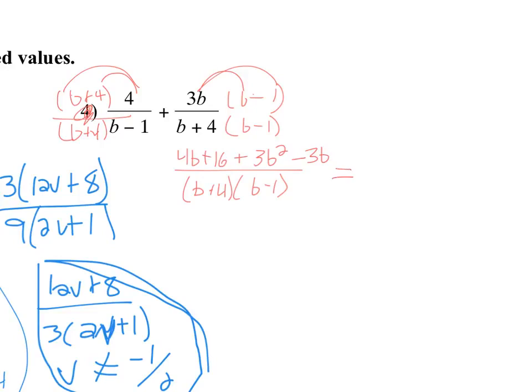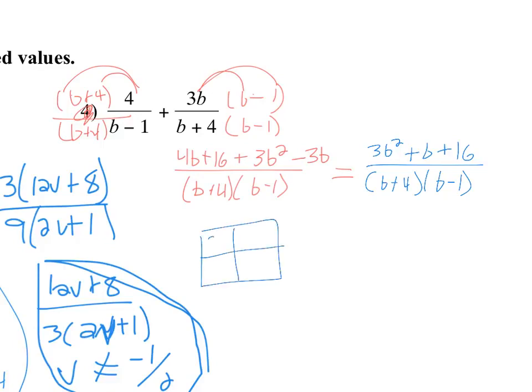I noticed that I've got a b squared, a couple of b's that can be combined, and then a 16. I'm going to put it in standard form because I bet I'm going to try and factor it next. So I've got the 3b squared, I've got 4b minus 3b, so that's just a positive 1b, and then plus 16, all of that over b plus 4 times b minus 1. And I bet you anything that this numerator is going to factor, so let's try it out.